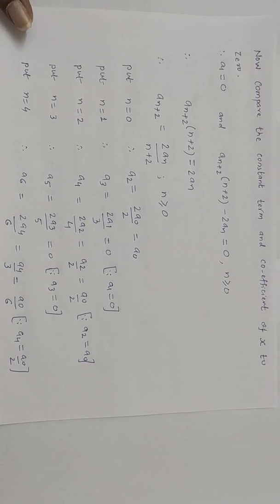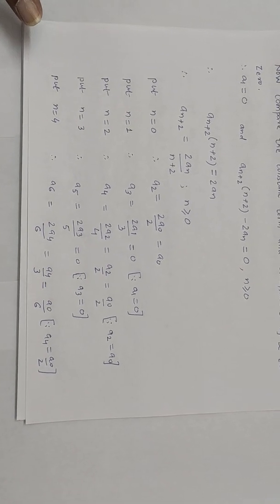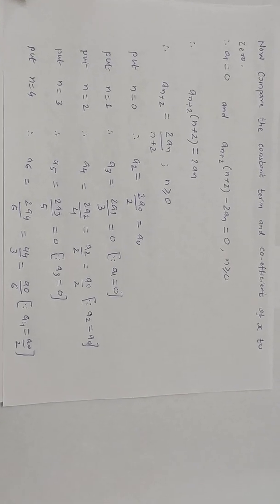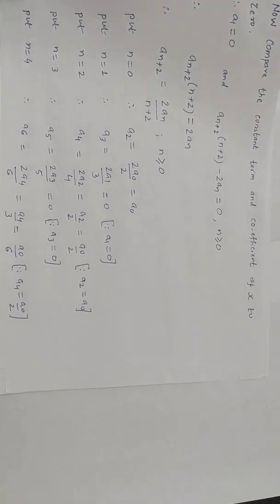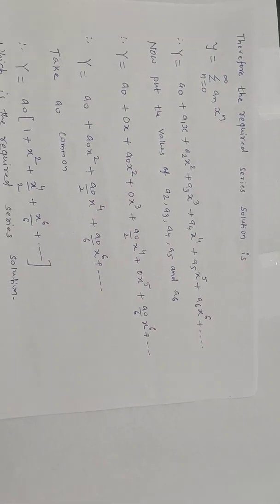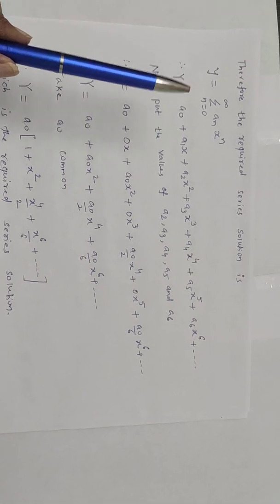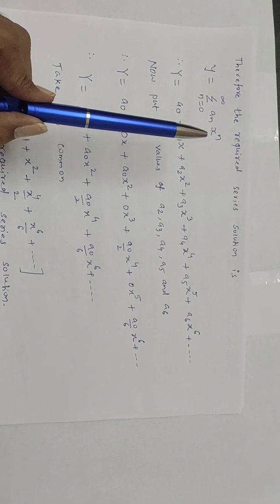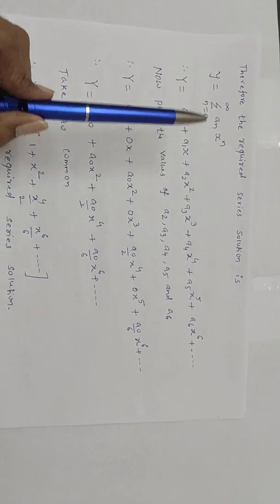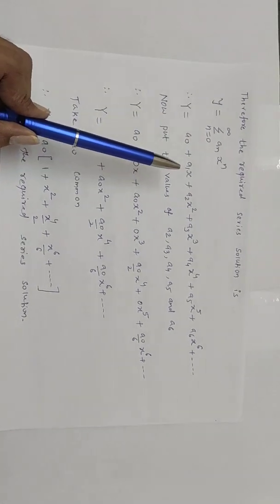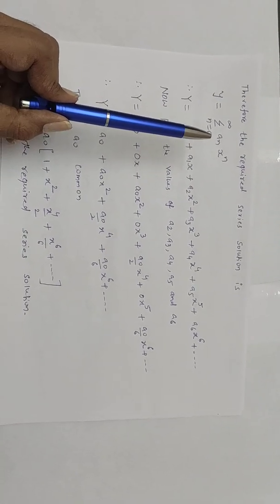Now what we have to do is put the values of these constants a2, a3, a4, a5 and a6 in the required series solution. And the required series solution is y equals summation from n equals 0 to infinity of an x raised to n. Expand this relation. To expand it, first of all put n equals 0.